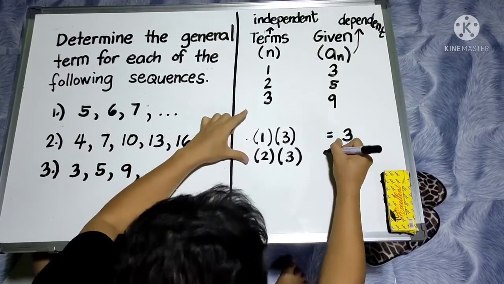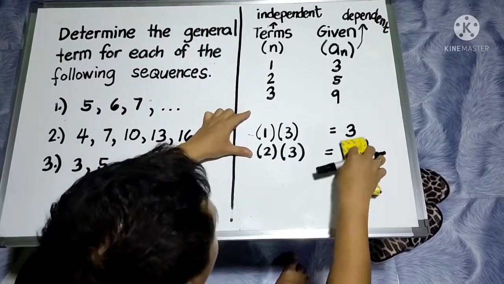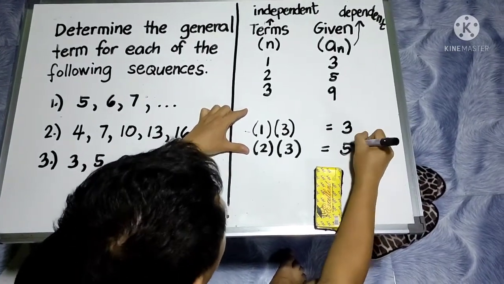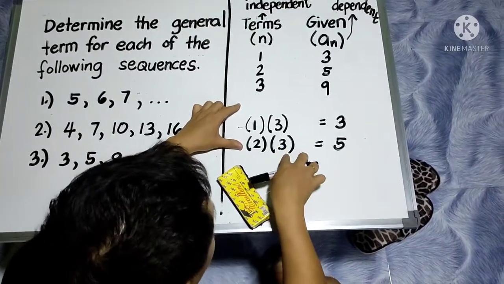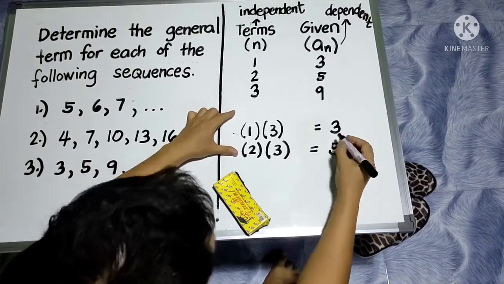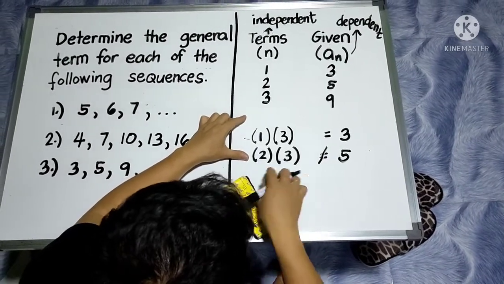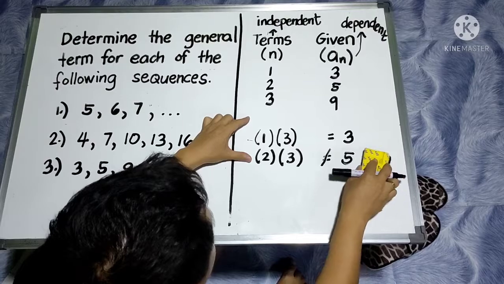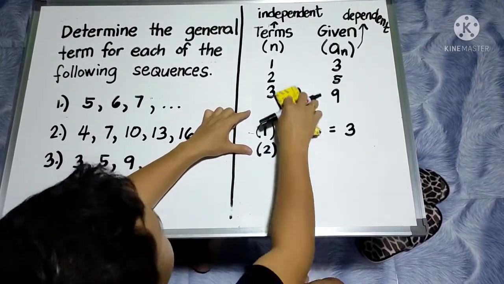These are your values of n. is equal to 5. 5 is your a sub n. Is 2 times 3 equal to 5? The answer is no. Because 2 times 3 is 6. Therefore, multiplication is not also the solution here.